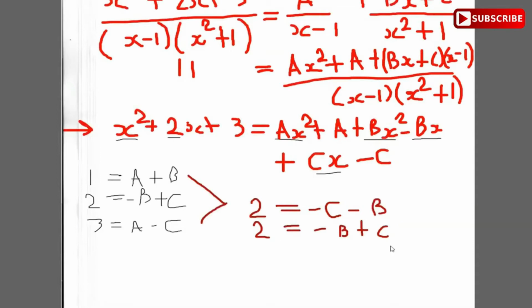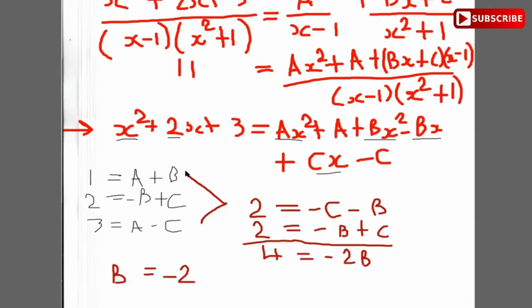what's going to happen? 2 plus 2 is 4. And so 4 is equal to minus C plus C, gone. And so 4 is equal to minus 2B. And so if 4 is equal to minus 2B, then B is equal to negative 2. If B is negative 2, I can substitute it in the first equation.